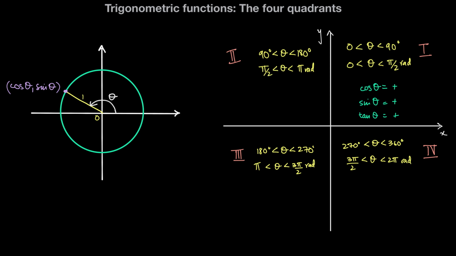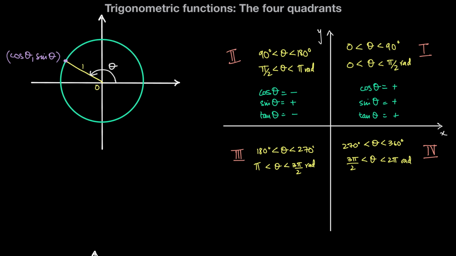Now the x-coordinate of the point on the unit circle is negative, since this point is to the left of the y-axis, but the y-coordinate is still positive. So cosine of theta for any angle theta in the second quadrant is negative, the sine of theta is positive, and the tan of theta, which is the sine of theta divided by the cosine of theta, so a positive number divided by a negative number, is also negative.